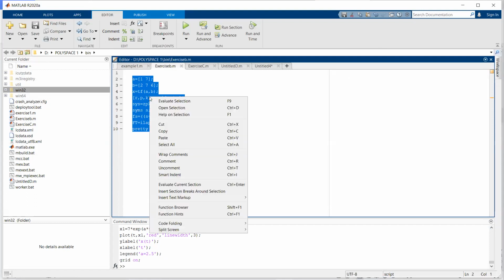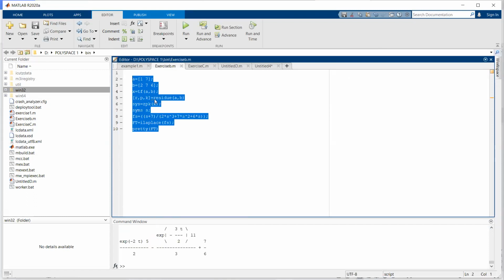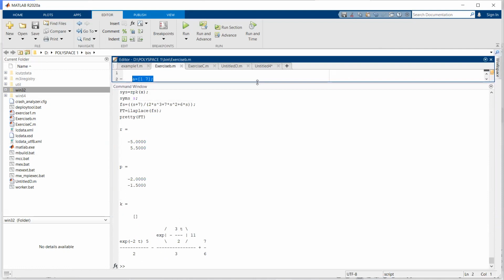So this is the question for task 2. For task 2, it doesn't have a graph, but we have the values that we get, which is r equal to -5 and 5.5. For p it is -2 and -1.5.